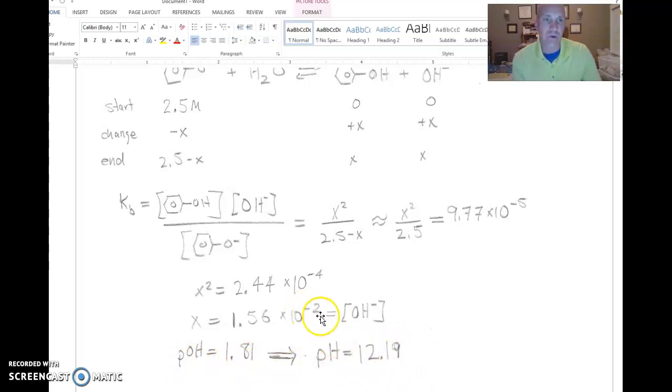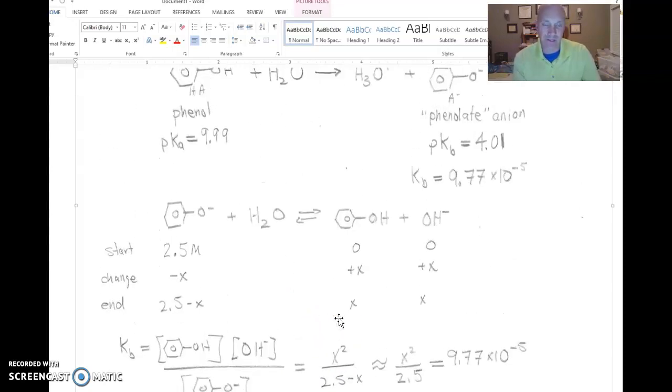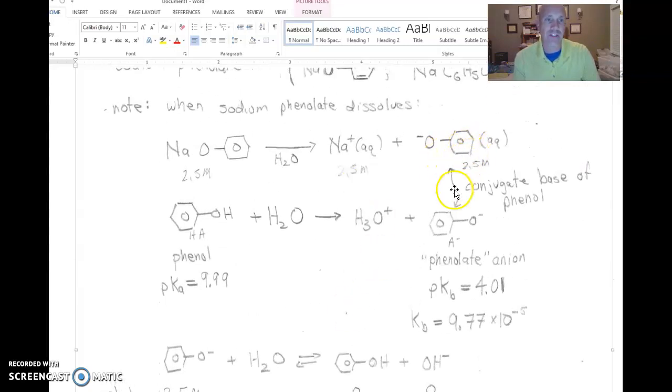So 90% of this problem was the exact same as that previous problem. The only difference is that we had to use a little bit of logic to figure out the Kb.